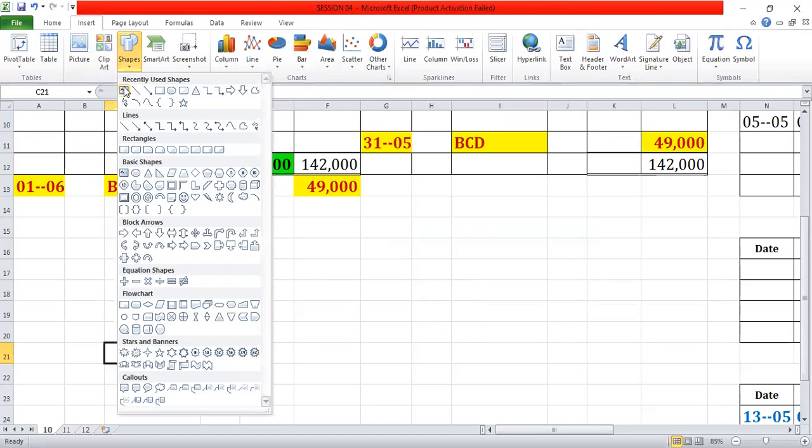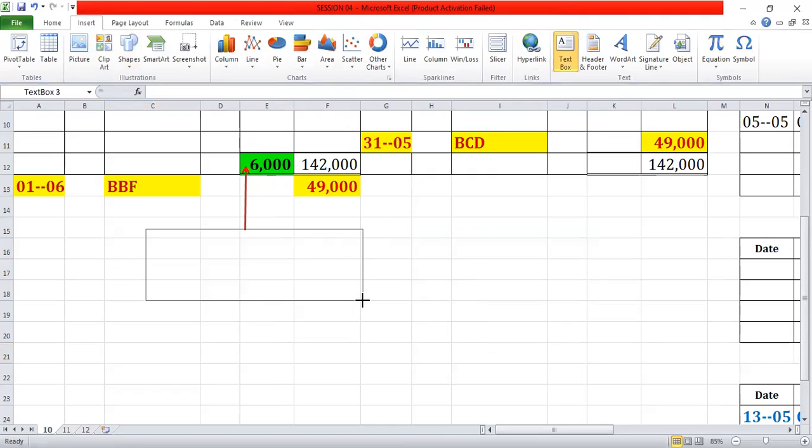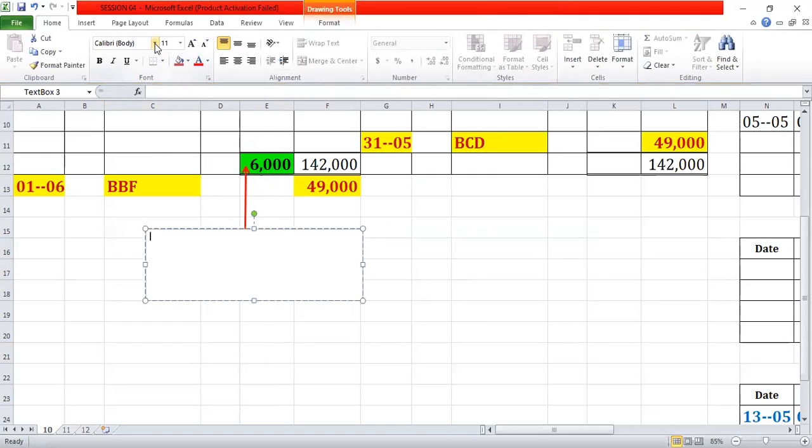Then write down this note. This value represents the total of the allowed discounts of the period.